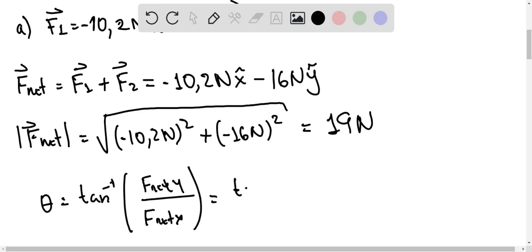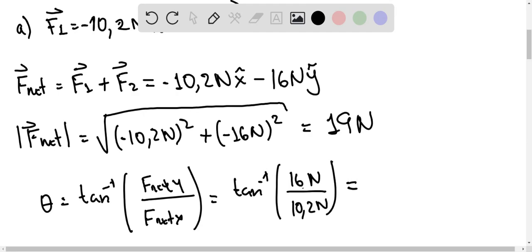So putting that in here, we get 16 newtons, because that's the y part, over 10 newtons. And this will give us a value of 57.88 degrees.